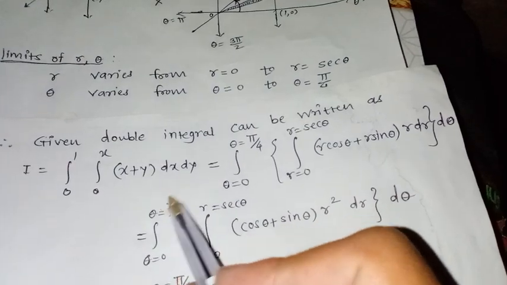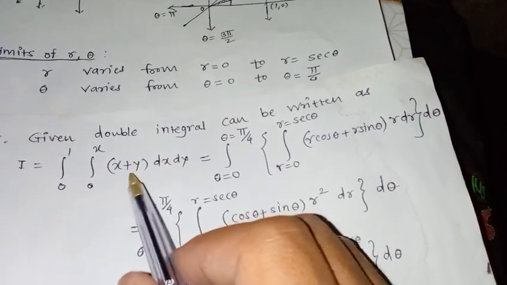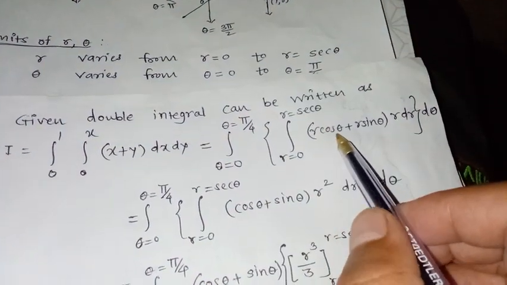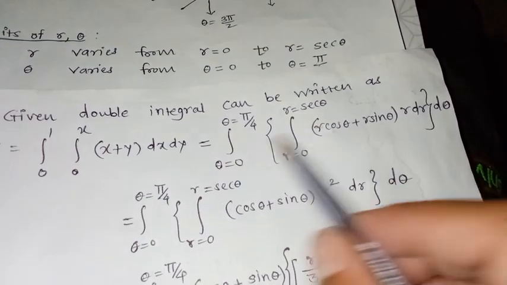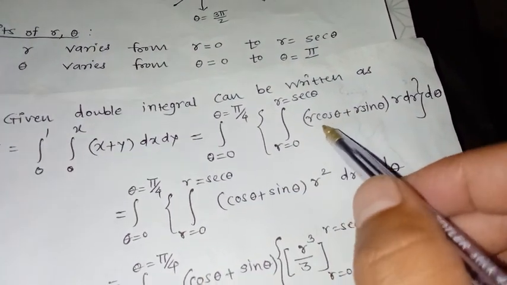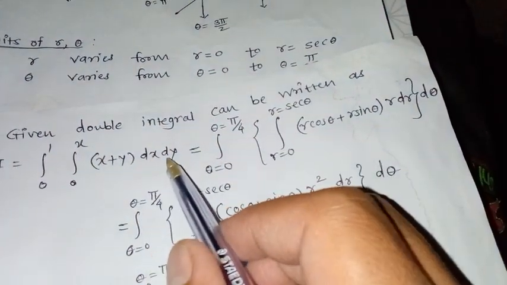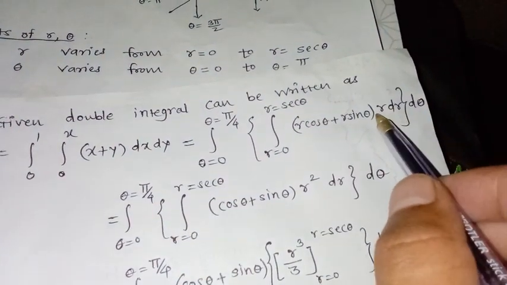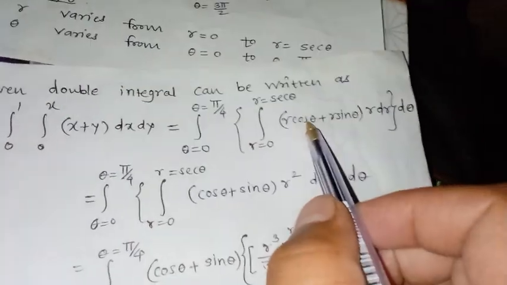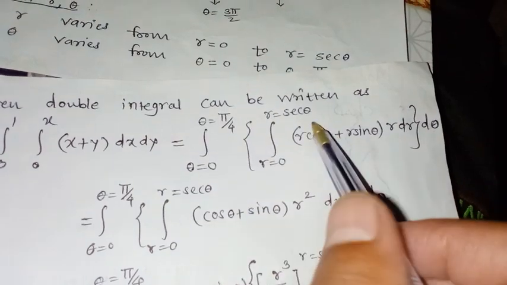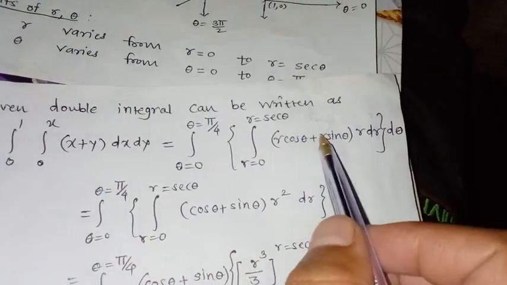And the remaining part, x plus y, I can write as r cos theta plus r sin theta using polar coordinates, and we have to replace dx dy by r dr d theta. Therefore our whole double integral is now in terms of r and theta.